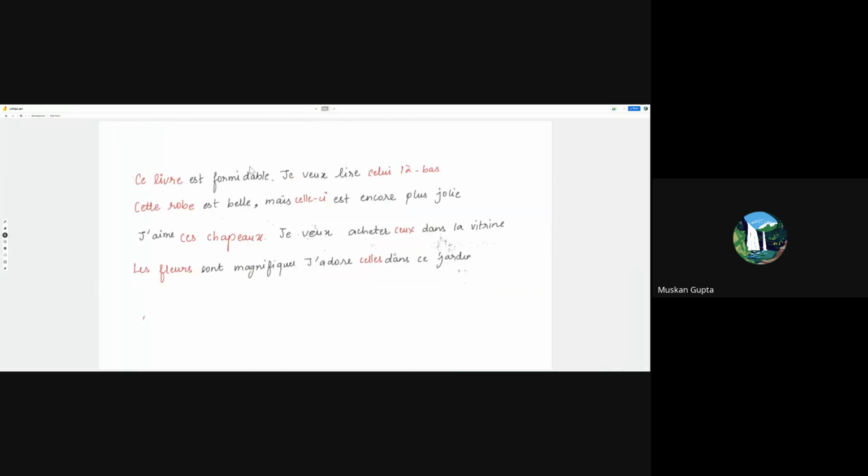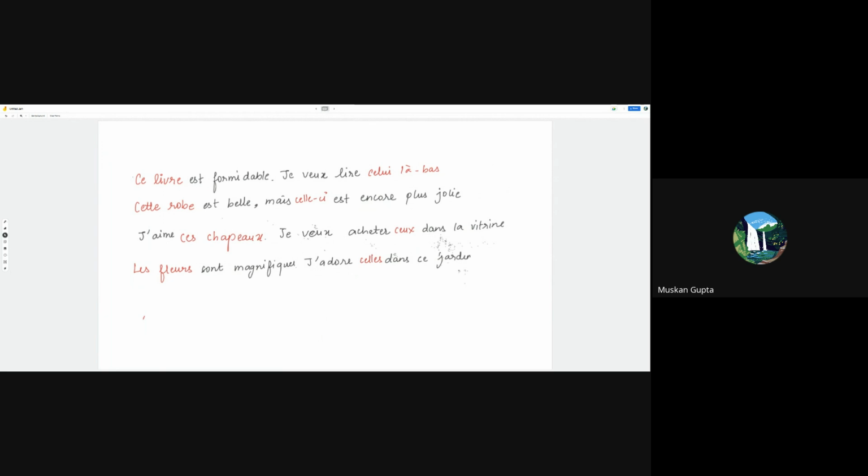Moving on, let's look at some examples. "Ce livre est formidable. Je veux lire celui-là." Like I said, you don't repeat the noun. This book is wonderful; I want to read the one there. Then "Cette robe est belle."